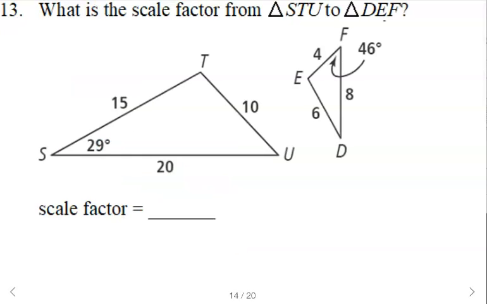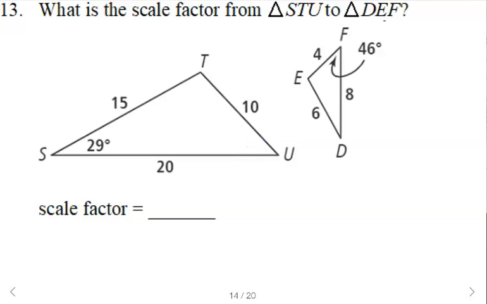All right, number 13. F and U correspond to each other. So angle U has to be 46. Let's see. Okay, we're asked for the scale factor. The new is going to be over the original.